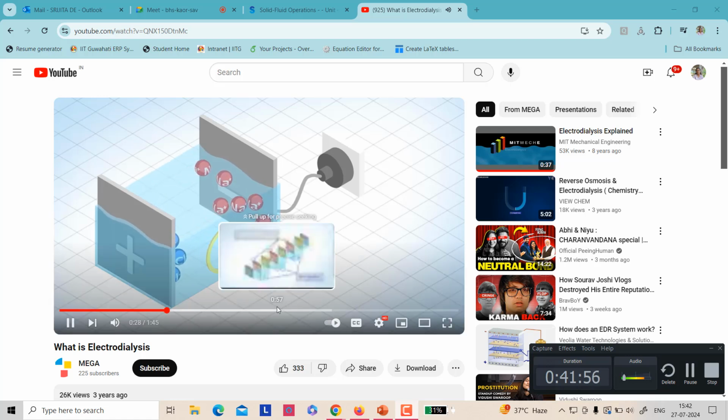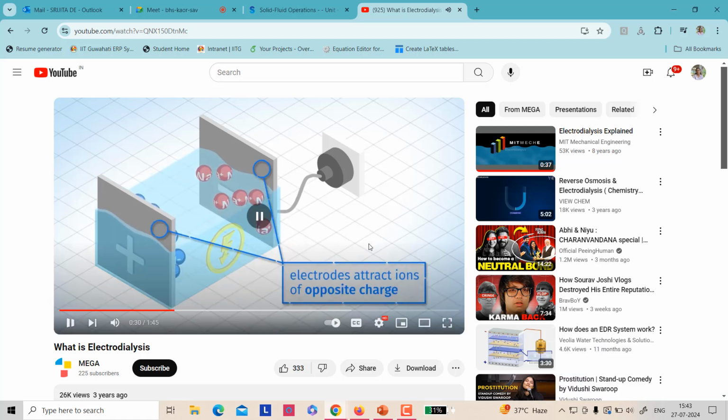You can see that in the positive portion, that is the anode, anions are coming, and toward the cathode, positive ions are going. That is how they are separating the negative charge from the positive charge. Okay.